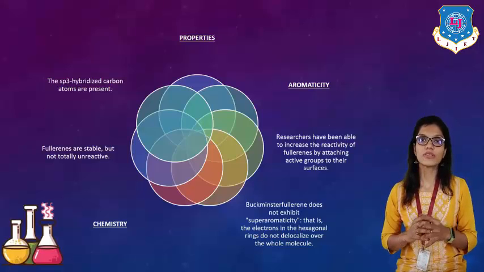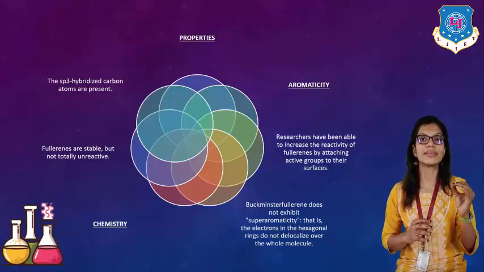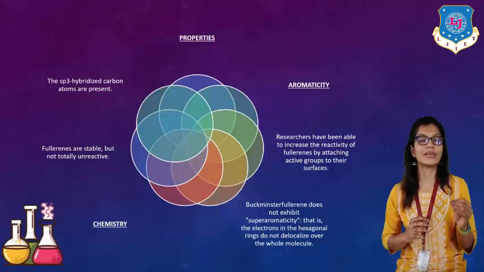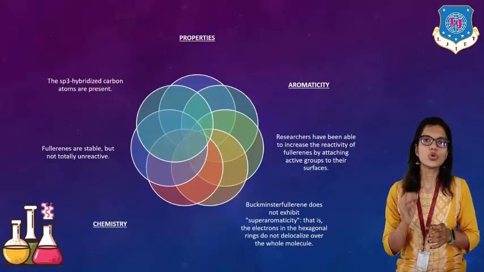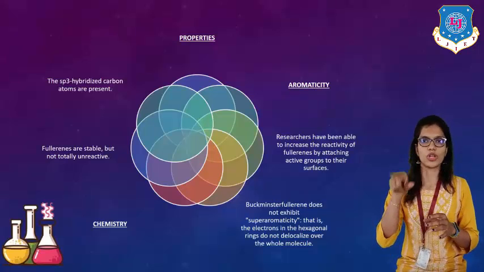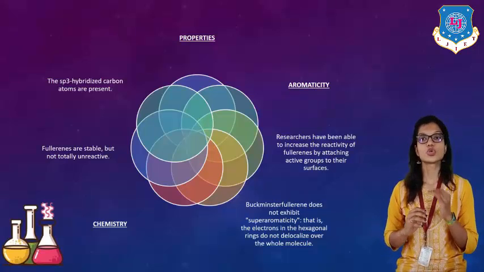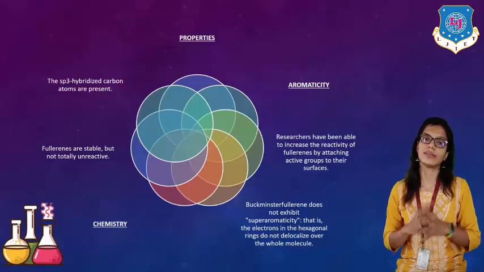What is the meaning of this superaromaticity? Here, the electrons in the hexagonal rings do not delocalize over the whole molecule. They don't delocalize over the whole molecule. This phenomenon is known as superaromaticity.